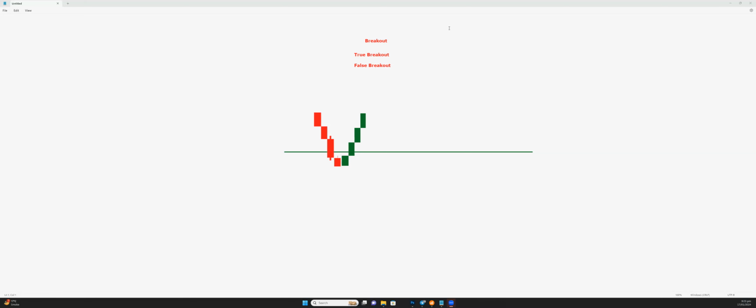So what does this tell us? Is this breakout a true breakout or a fake breakout? Fake breakout. It's going back inside. Yes. The true breakout doesn't mean the next candlestick will be a red candle. The true breakout means that it will sustain for some time.